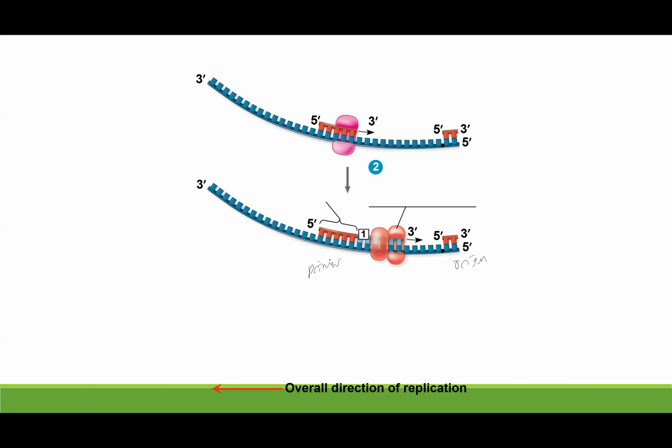Now DNA polymerase 3 comes in. It only has one L, sorry. It's not a pole, it's a paw. Because it's discontinuous and we're making it in little pieces, those pieces are named after the person who discovered them, whose last name was Okazaki.